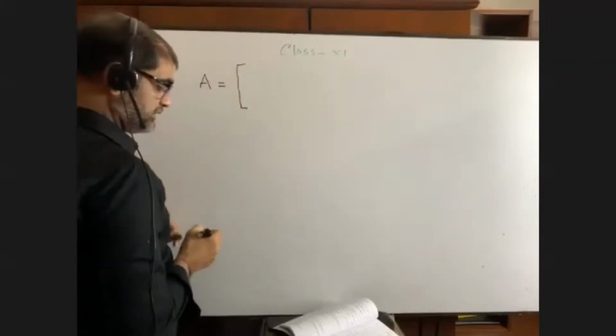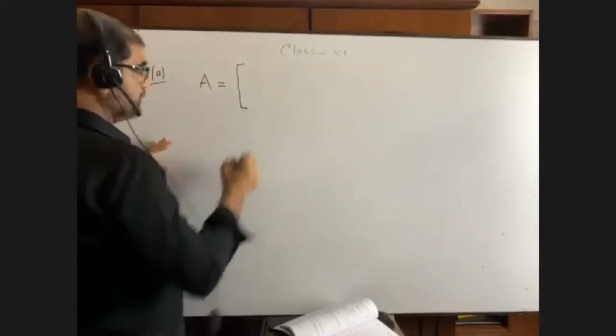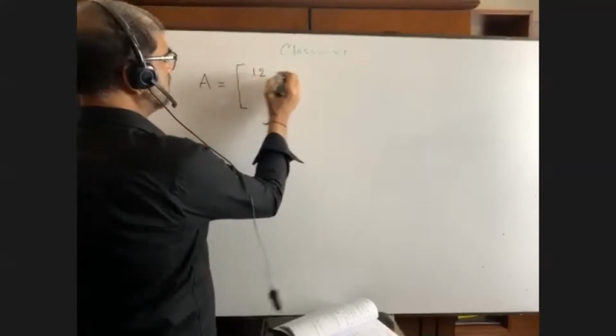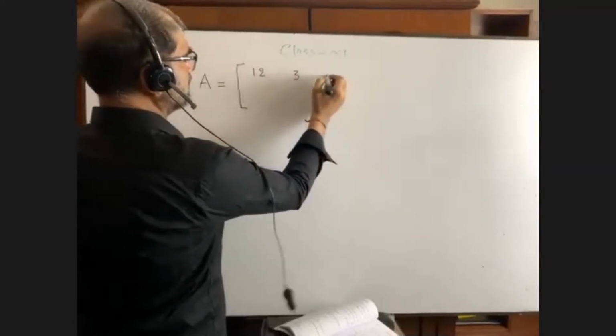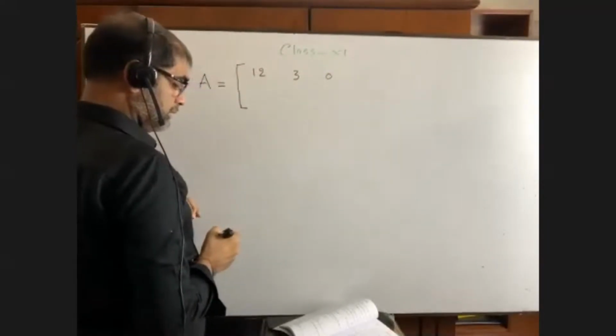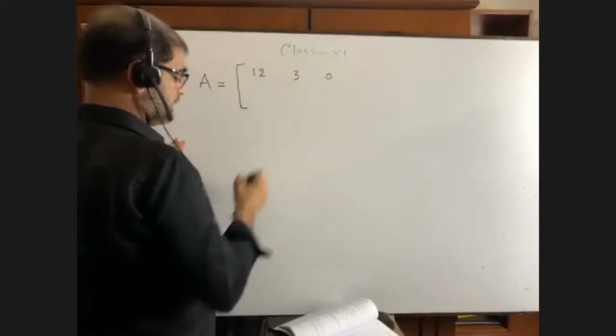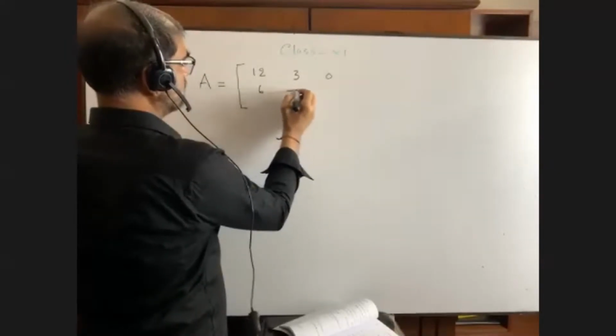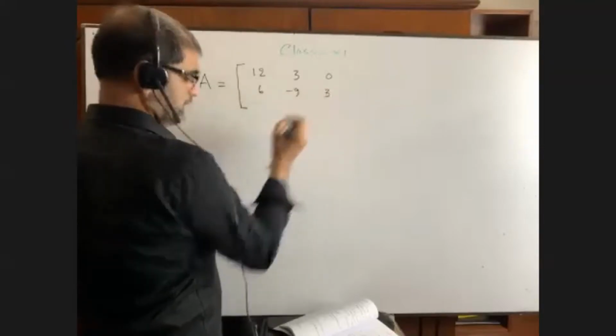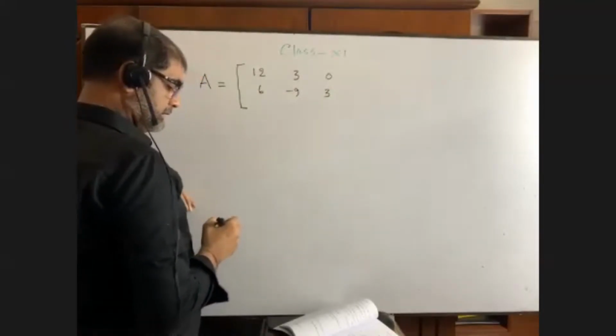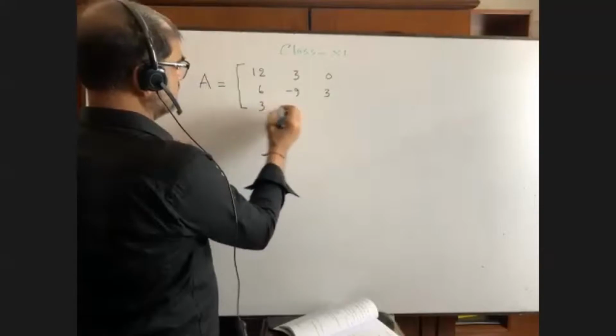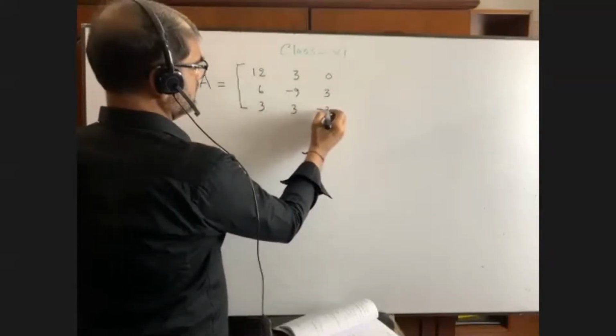A is given as 1 2 3 0, 6 minus 9 3, and 3 3 minus 3.